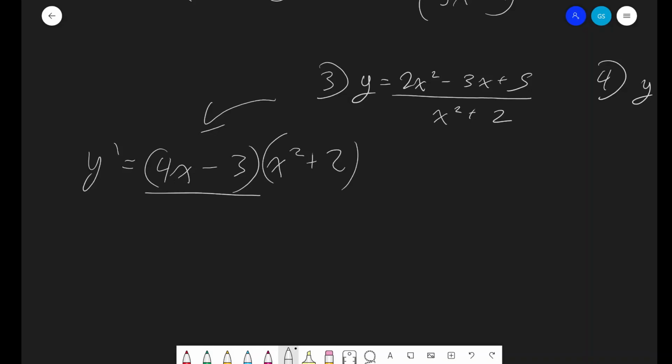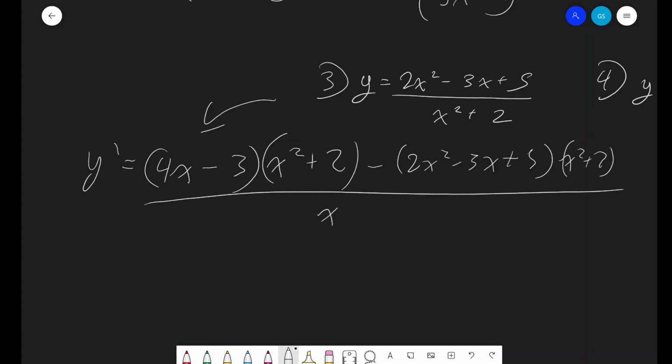Again, 4x minus 3 is just this guy, but differentiated. All right, so x plus 2 minus 2x squared minus 3x plus 5, x squared plus 2, all over x squared plus 2 squared.